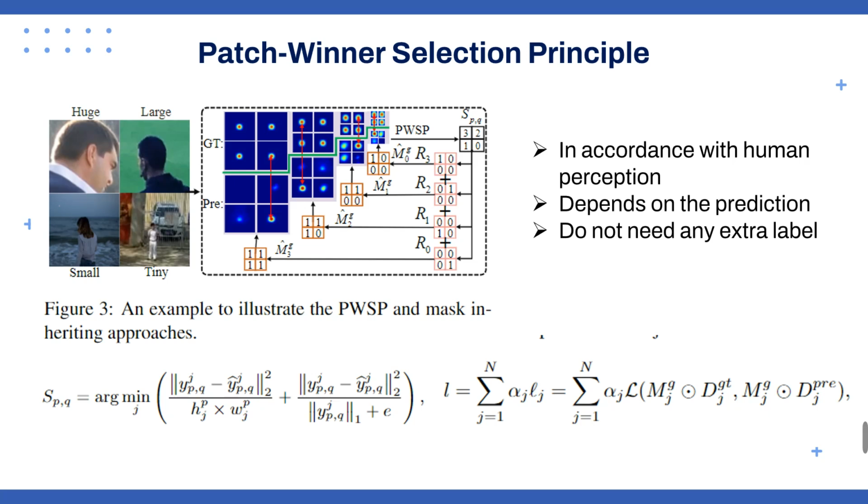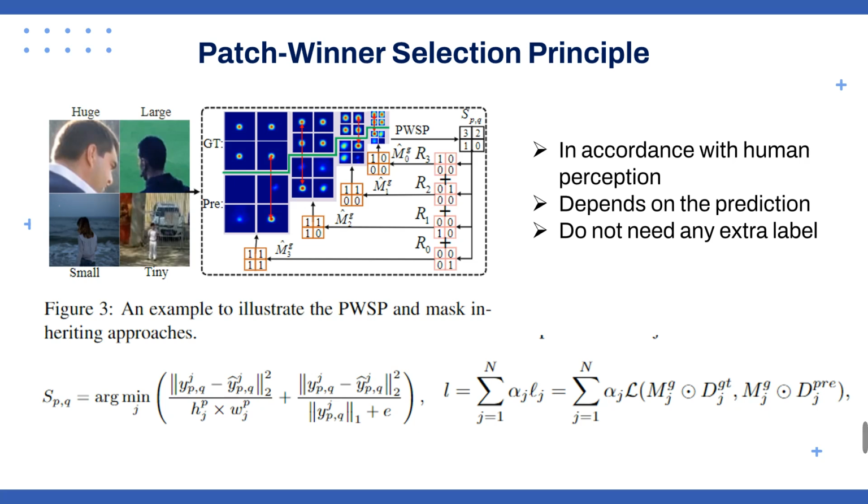Another crucial component in the inheritance loss is how to determine the right region mask for each resolution. To achieve it, we propose a patch winner selection principle, PWSP, to let each resolution select its capable region, whose thought is to find which resolution has the minimum cost for a given patch.